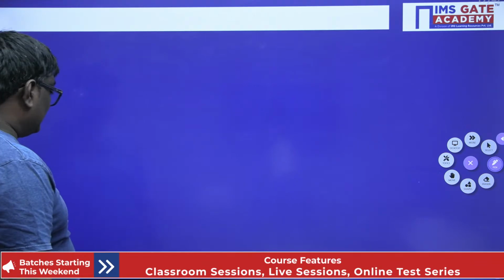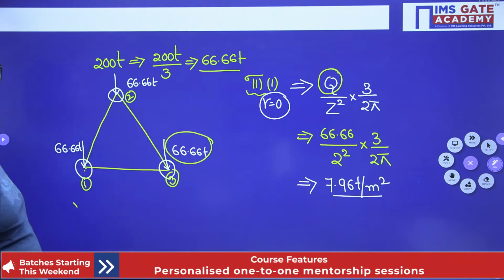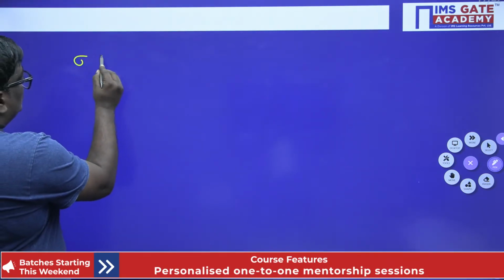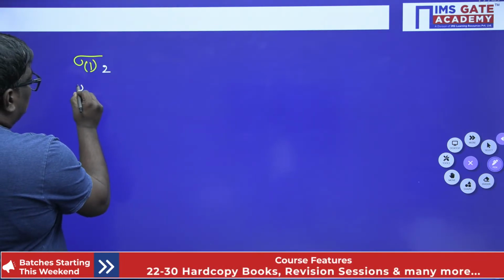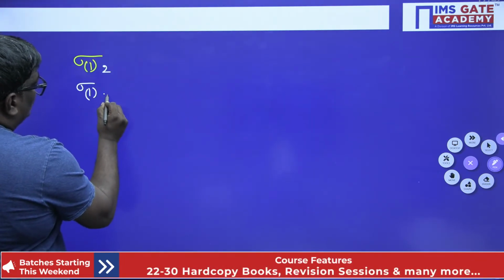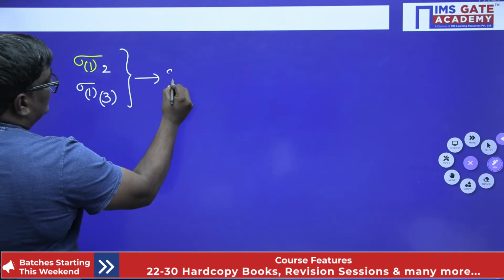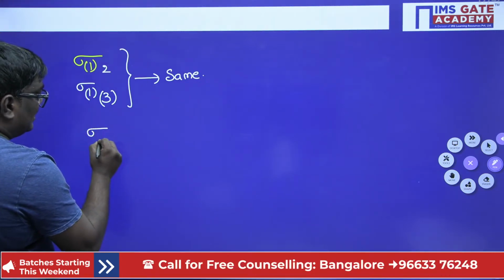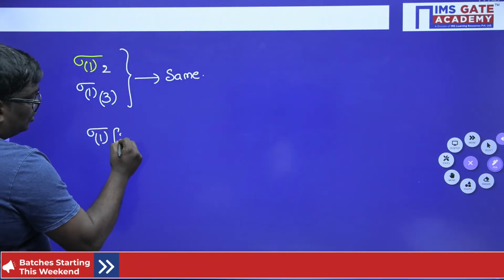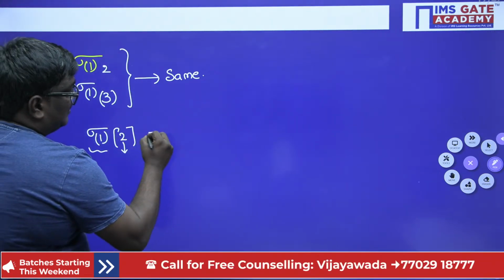Now see students, now due to this load, what will be the stress on column 1? So, stress on column 1 due to load 2. Our stress on column 1 due to load 3, both will be same. So, if you calculate 1, that would be fine. You have to just multiply with 2. So, stress on column 1 due to load 2, this can be given as the formula.